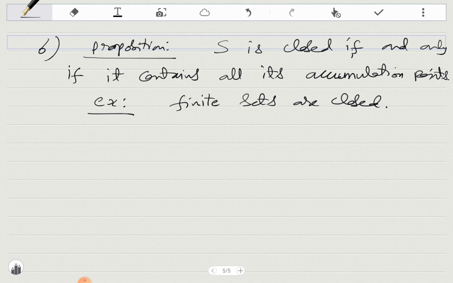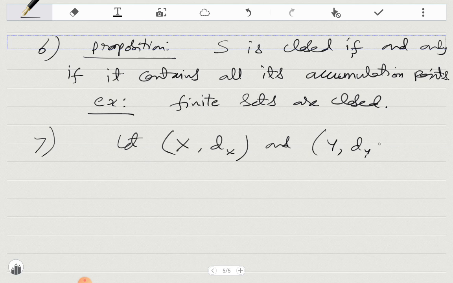Okay. The next thing is, now I'll consider two metric spaces, X, dX and Y, dY.